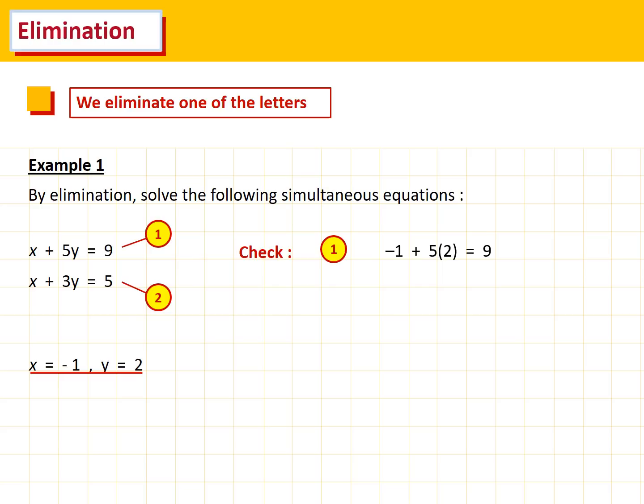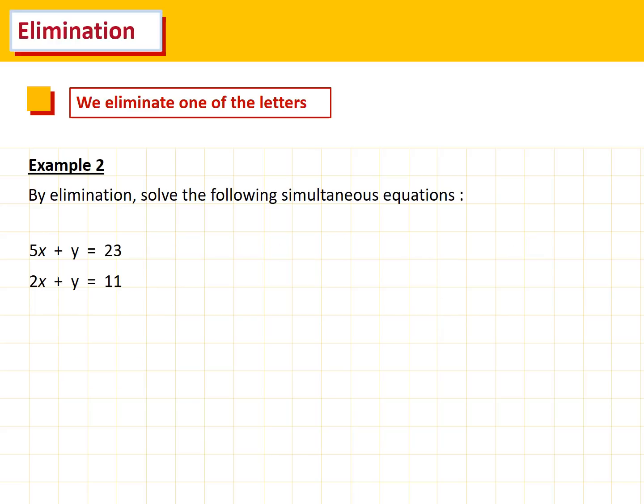Well, yes, it does, because it's -1 plus 10, which is 9, so it fits the top equation. Does it fit equation 2? x plus 3y equals 5 becomes -1 plus 3 lots of 2, and does that fit? Well, -1 plus 6 equals 5. Yes, it does.